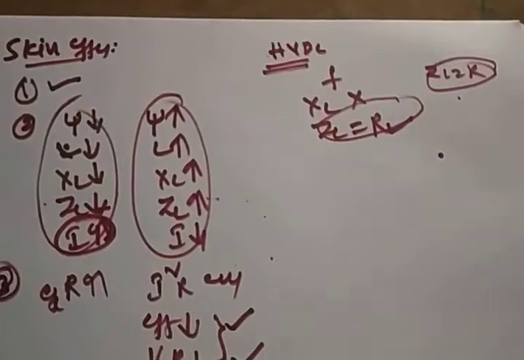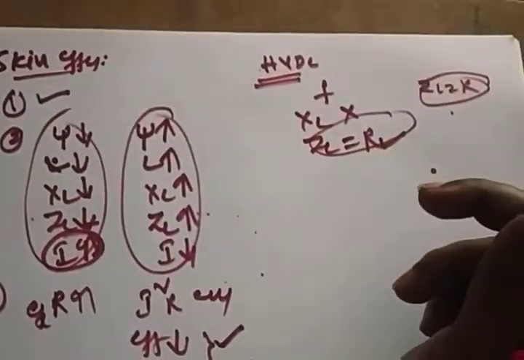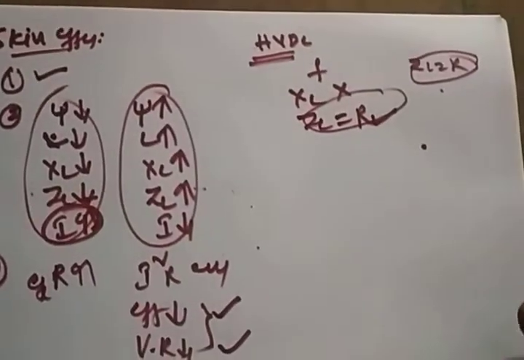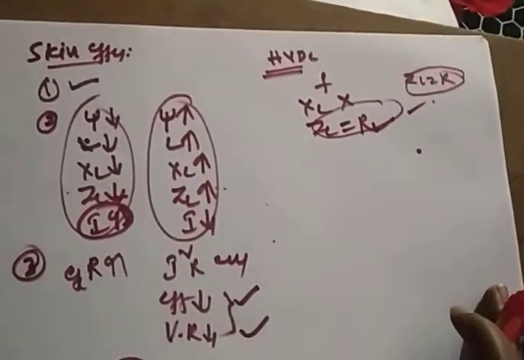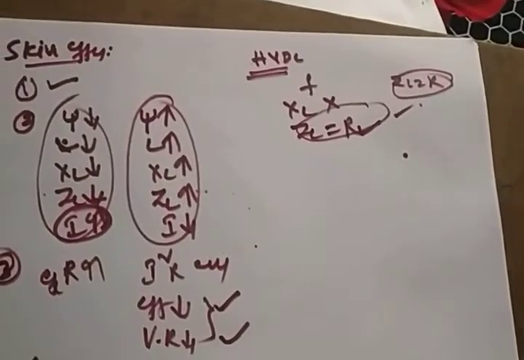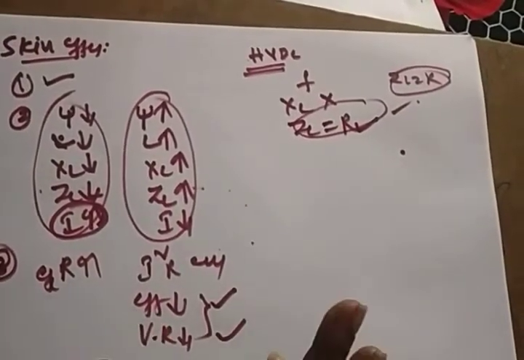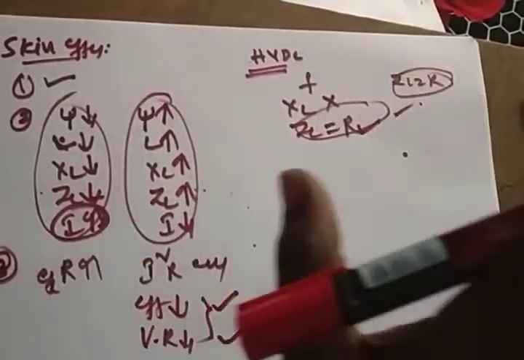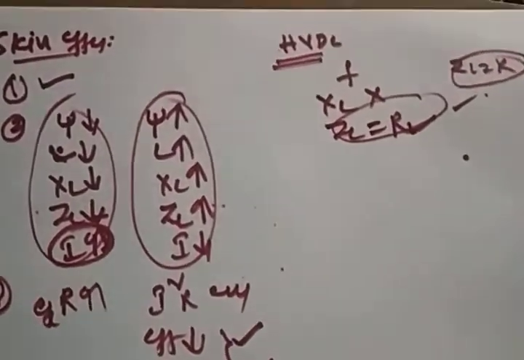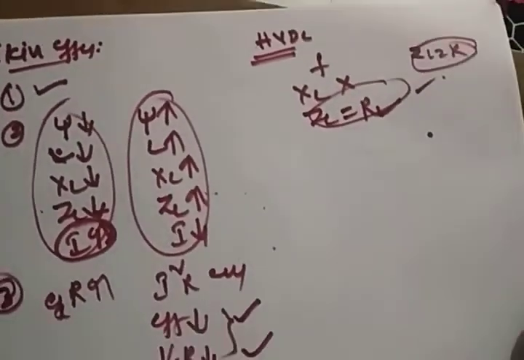If the resistance is equal, there is no change in current; the current is uniform, so there is no concept of skin effect in an HVDC system. That is one of the advantages of transmitting power from sending end to receiving end with a DC transmission system.